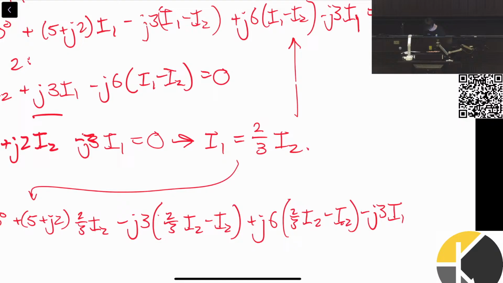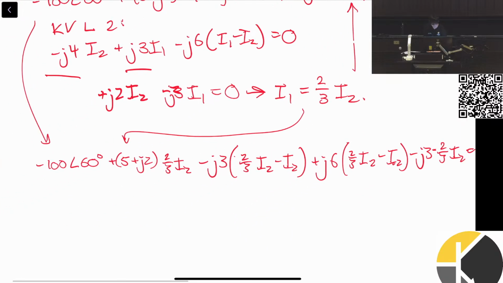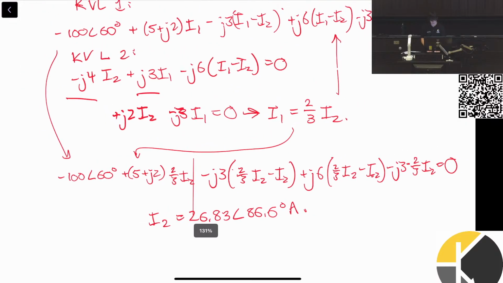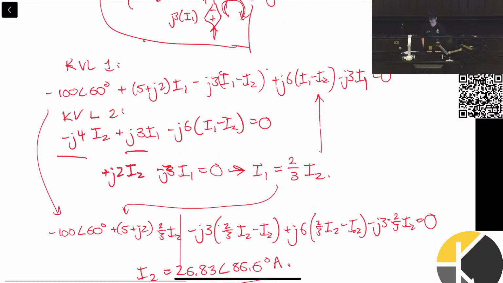Sorry, this is also I2. And if I solve this equation, I get I2 equals 26.83 with a phase of 86.6 degrees amps. Cool. And that is our final answer.